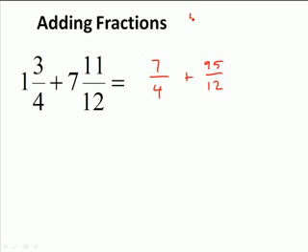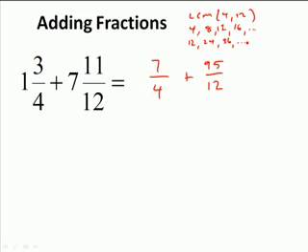So we need to find the LCM of 4 and 12. Well, multiples of 4 are 4, 8, 12, 16, etc. Multiples of 12 are 12, 24, 36, etc. From that list, obviously the lowest common multiple is 12. I don't even need to change my 95 over 12.